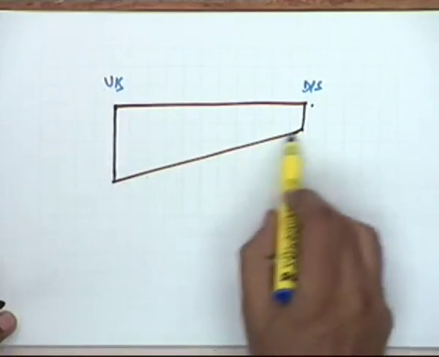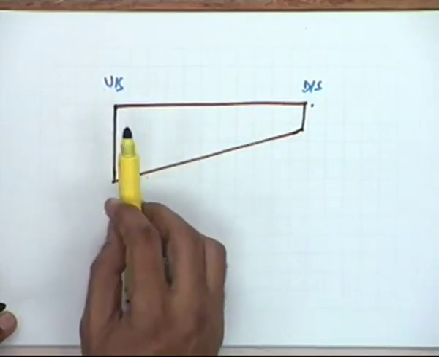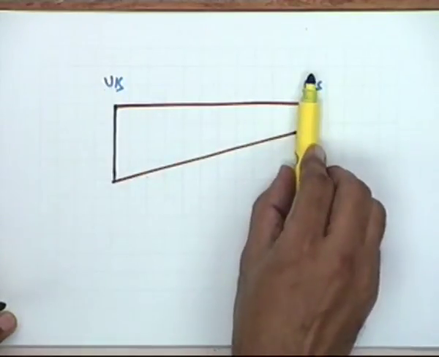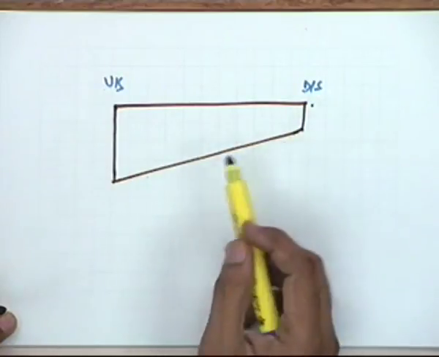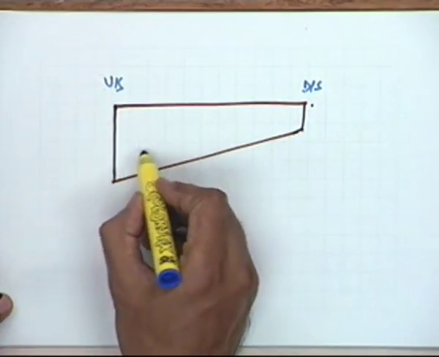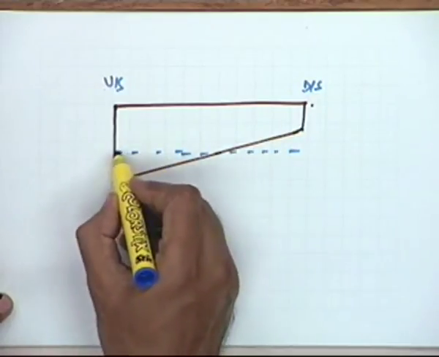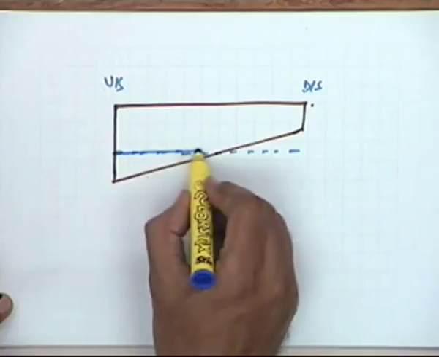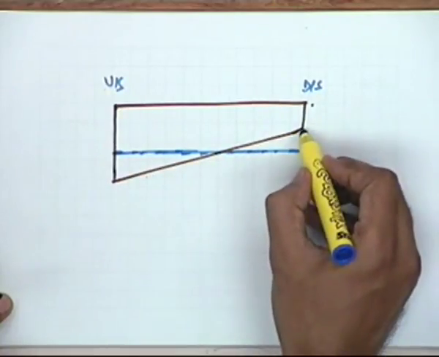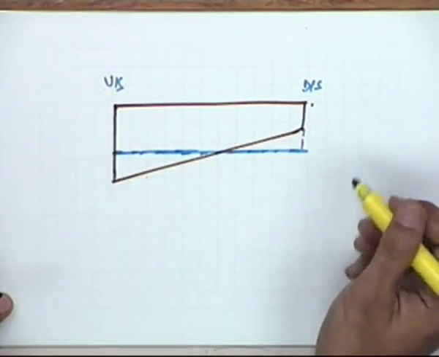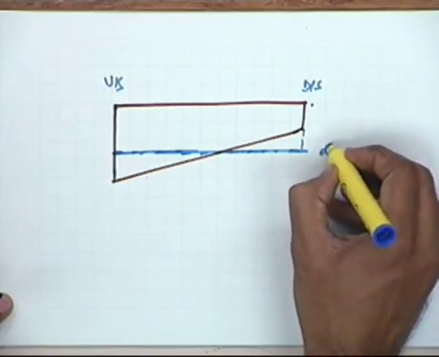So suppose this is the depth from the upstream end to the downstream end. This is the depth which you have applied. What is the average depth? This will be the average depth of application, which is nothing but d bar.